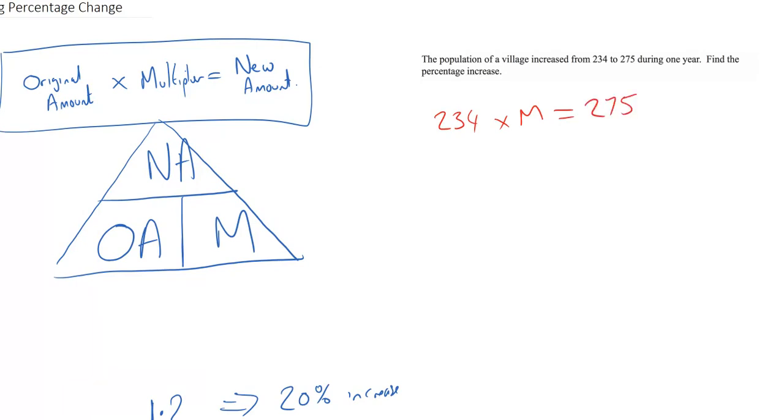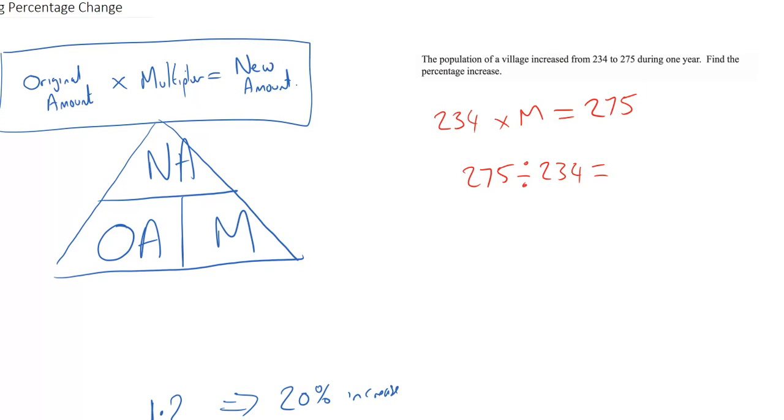So if I want to work out that multiplier, I can use my triangle. I'm going to cover up the one I'm looking for, and it's going to be the new amount divided by the original amount. So new amount is 275 divided by 234.